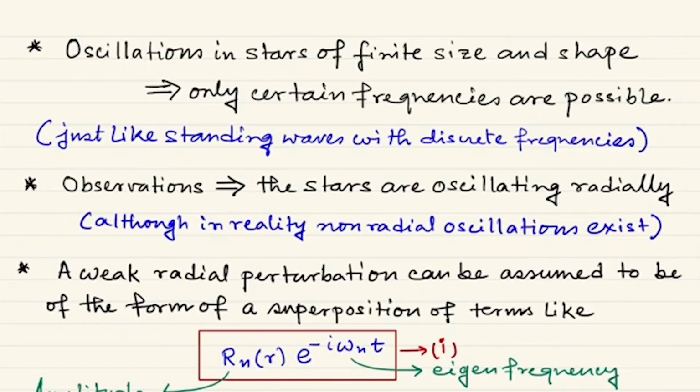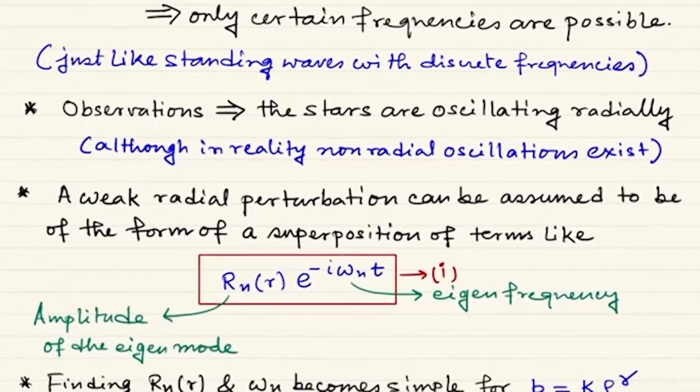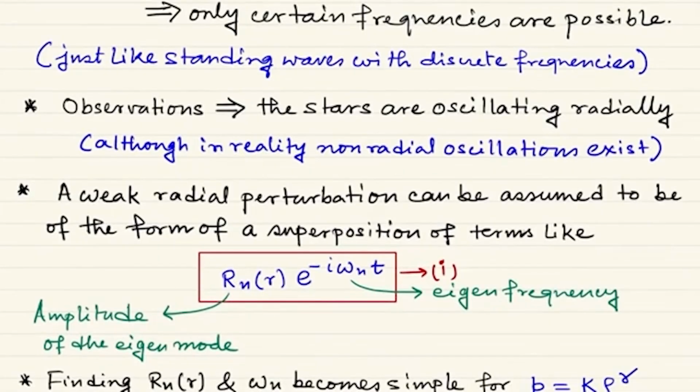Following the same piece of information, we can say that a weak radial perturbation for this type of stellar oscillation can be modeled as a superposition of terms like this.